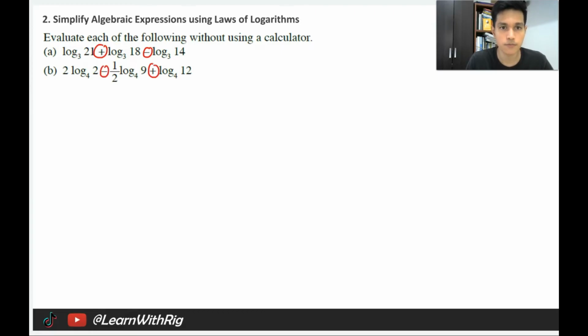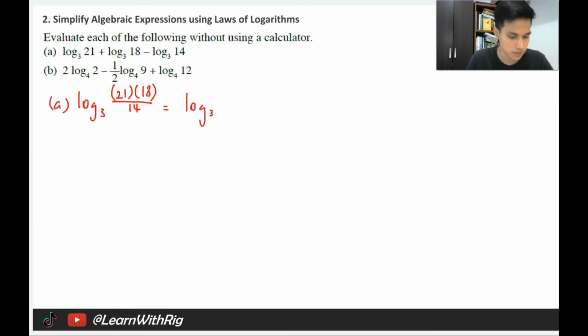I told you whenever you see plus and minus, you must multiply or divide the values of the log. So in this case, log base 3. Now you notice 21 plus 18, so you have to multiply 21 times 18, minus 14, so divide by 14. So your answer should be log base 3.